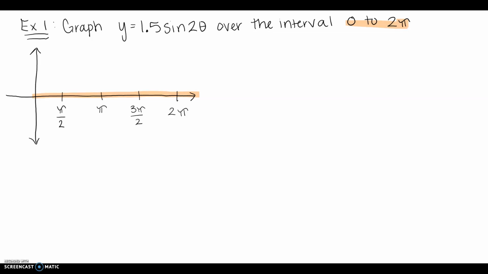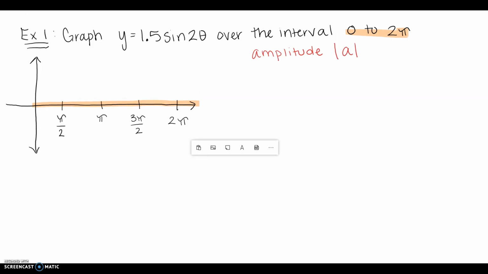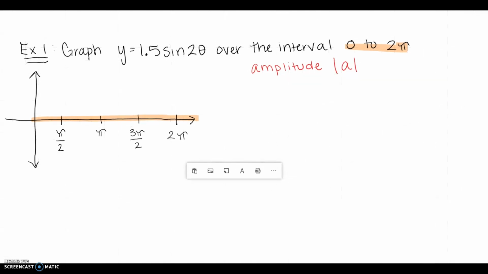Then we'll go ahead and start by finding a couple different characteristics. We'll find the amplitude, and remember that is going to be the absolute value of a. We said in our notes previously that it's a times sine b theta.